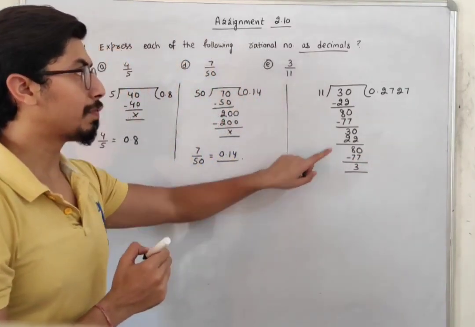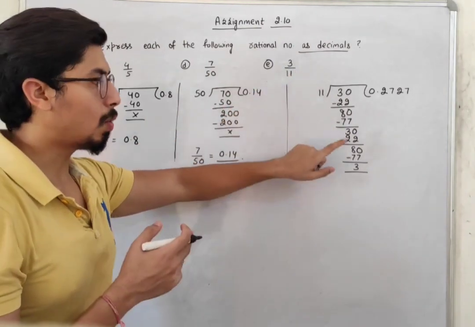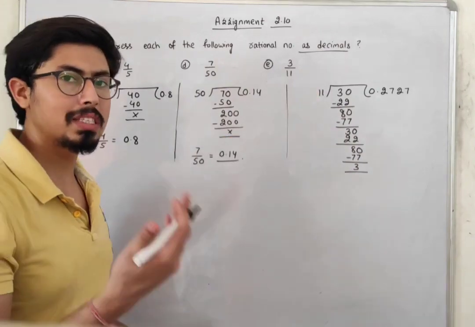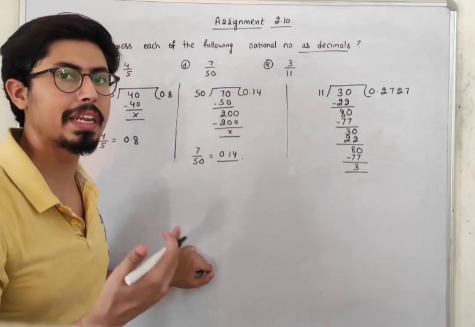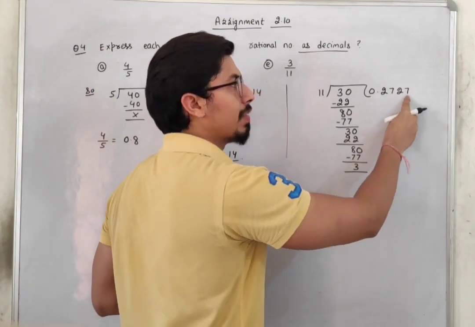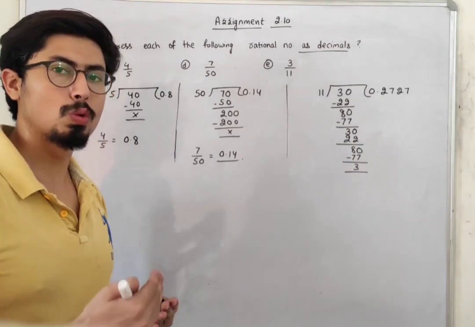See students, first we divided 3 by 11, and now again we have to divide 3 by 11. That means this procedure keeps on repeating itself. We get 0.27, again 27, and if I move further, it will be 27, 27, 27.